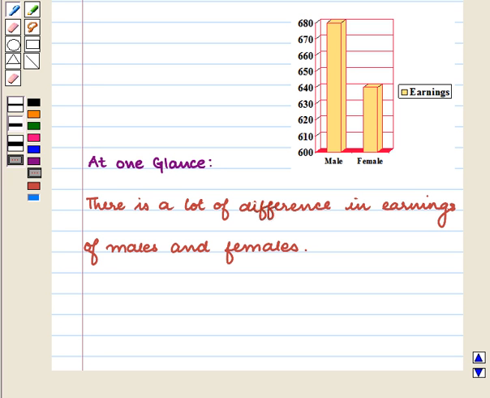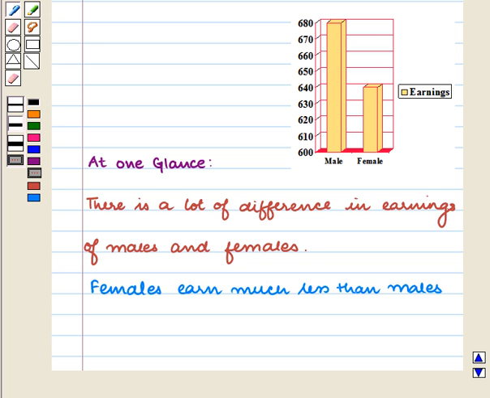At one glance, we will say that there is a lot of difference in the earnings of males and females. Females earn much less than males. And this is concluded from the height of the bars shown.